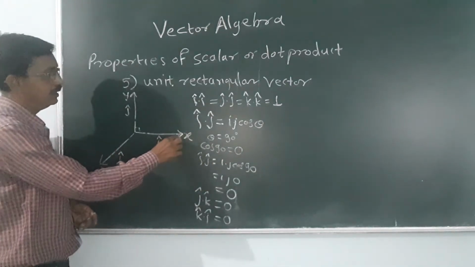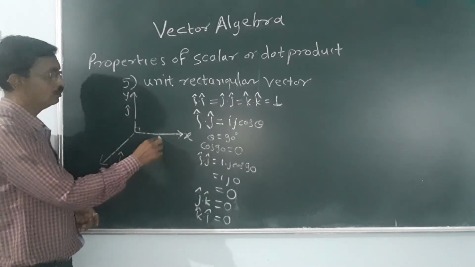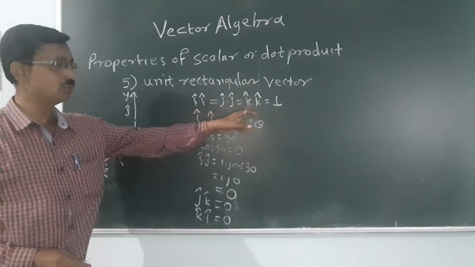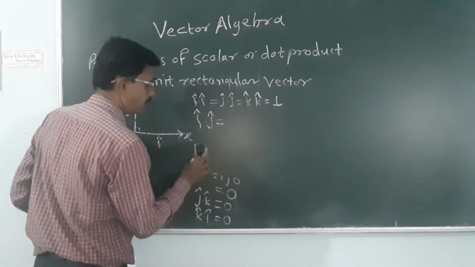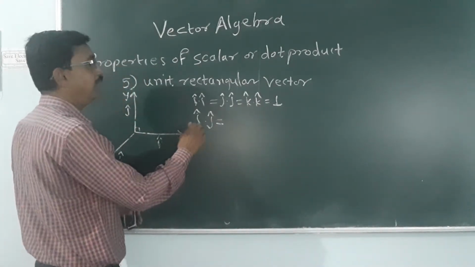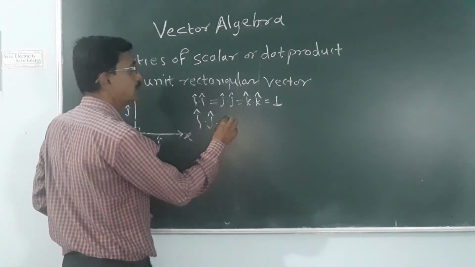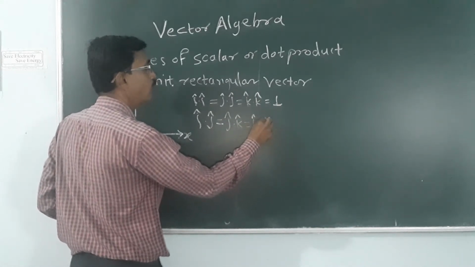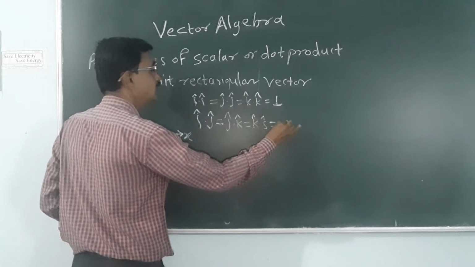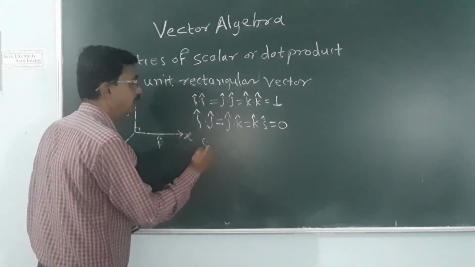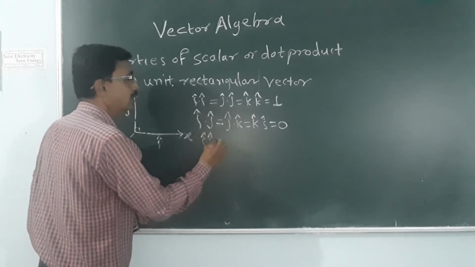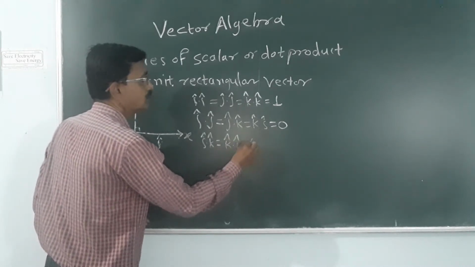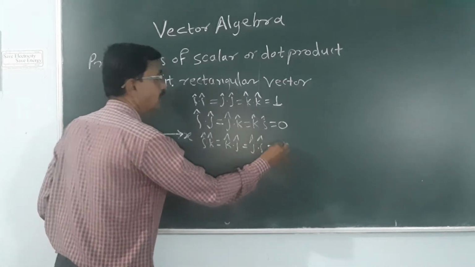So for ij it is 0, for jk it is also 0, for ki it is also 0, and similar to this, 1 1 1, we can write here: i into j is equal to j into k is equal to k into i is equal to 0, and in the opposite direction, i into k is equal to k into j is equal to j into i, that is also equal to 0.